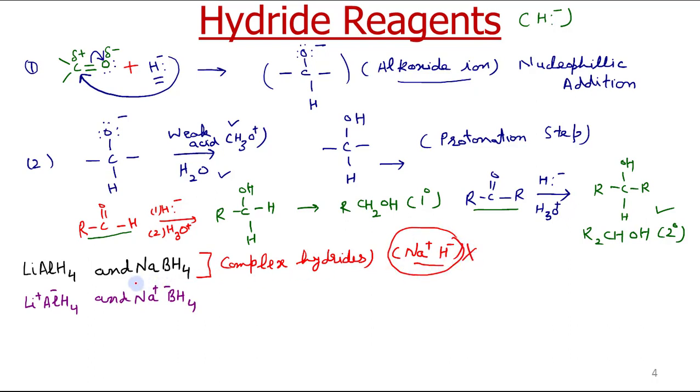In fact, they exist as complex hydrides, NaBH4 and lithium aluminium hydride, in which the hydrogen atom, or hydride ion, is bonded to aluminium and boron by a covalent bond.